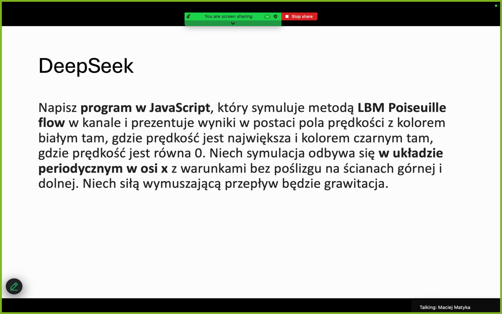So this is a description of a program. The idea was that the program solves a simple fluid flow problem in the JavaScript language. JavaScript because this is the simplest to copy and open in a web browser to run and to see the result. The problem to be solved is a Poiseuille flow.